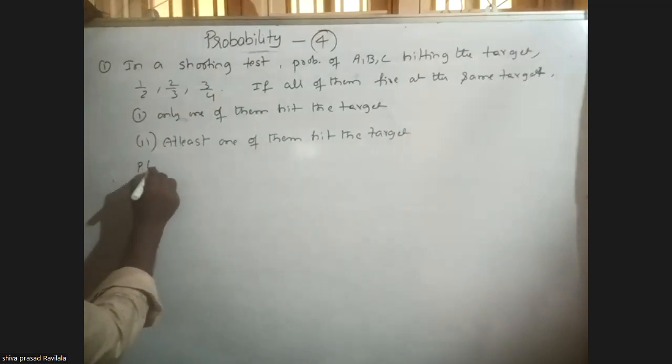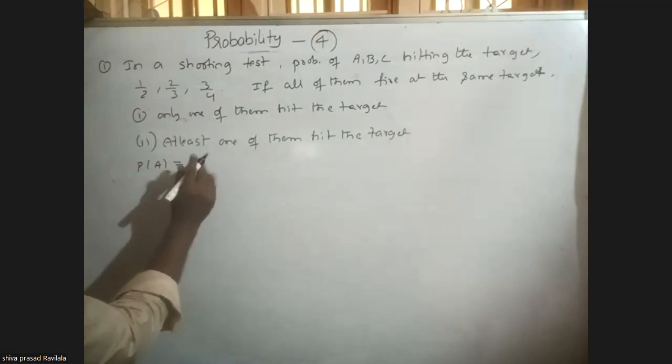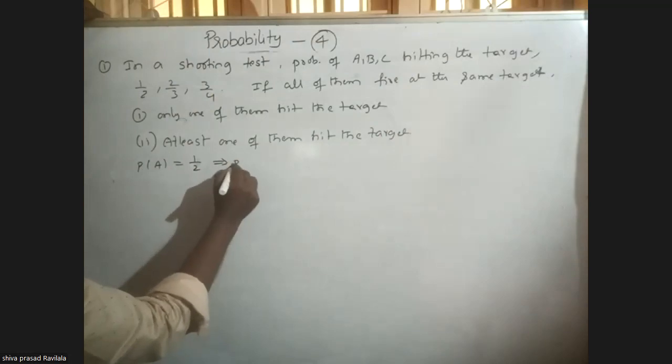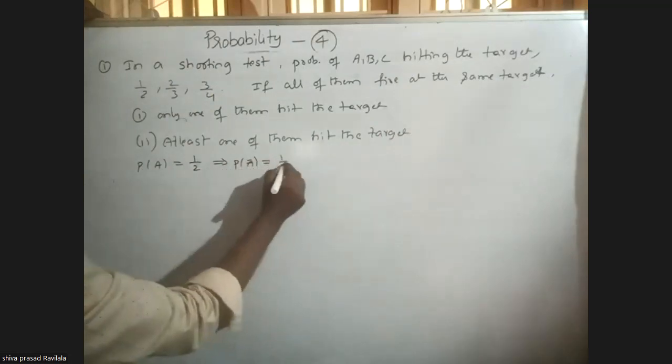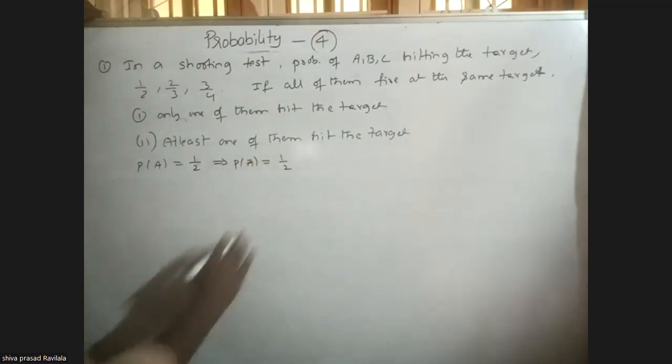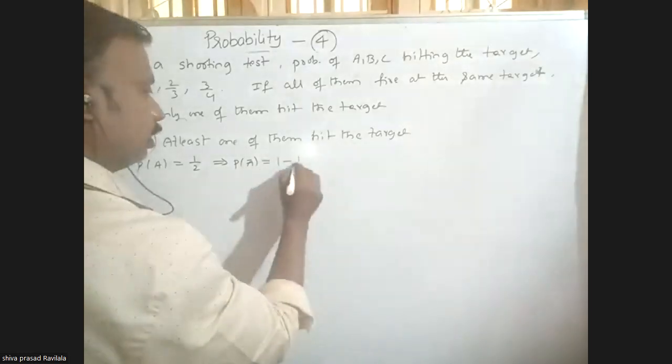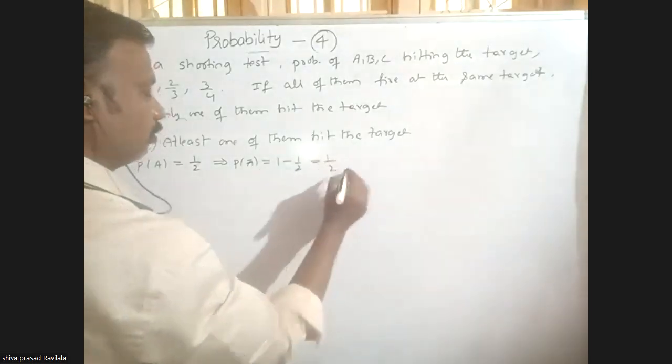Probability of A is equal to 1 by 2. Immediately write down probability of A complement is equal to 1 minus 1 by 2, that is 1 by 2.